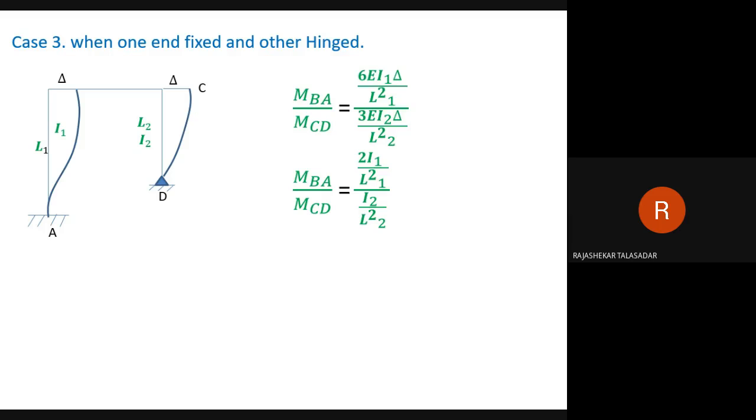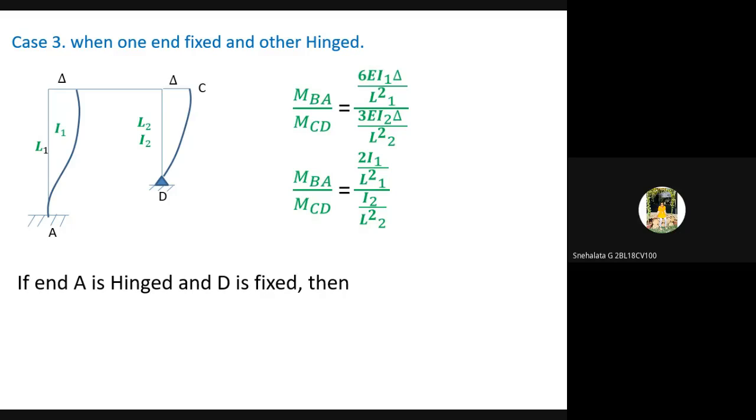Suppose this is hinged and this is fixed, anybody tell me? Suppose assume that A is hinged, D is fixed. If A is hinged, D is fixed, then what will be the ratio of column head moments? Anybody? Now I have taken A fixed. I1 by L1 square by 2 I2 by L2 square. Very fantastic.